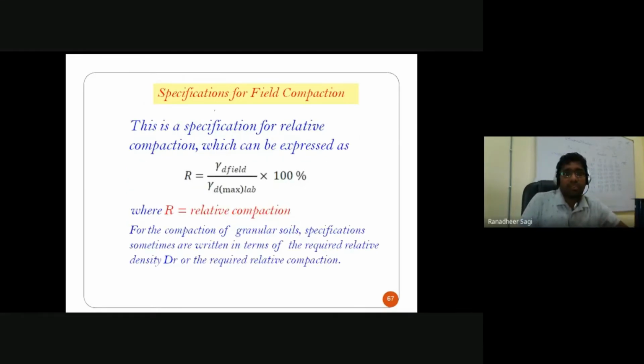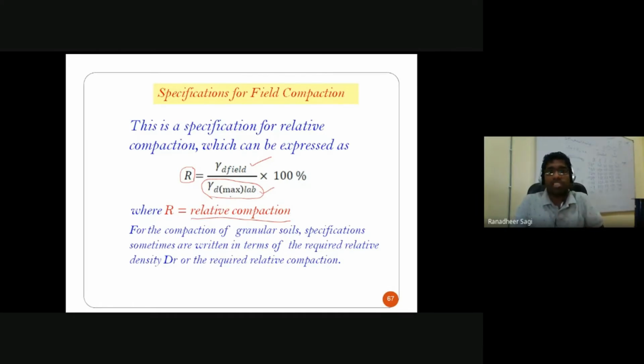How do I understand whether 90 to 95% of relative compaction is achieved or not? I can calculate what is called R, where capital R refers to relative compaction. What does relative compaction mean? It is the gamma d value for the soil compacted in the field divided by the maximum dry unit weight, or maximum density, that you got for that soil from your lab test, that is, from your Proctor test.